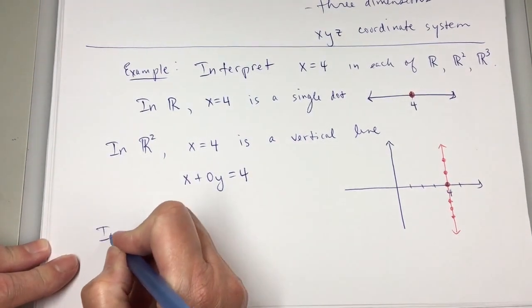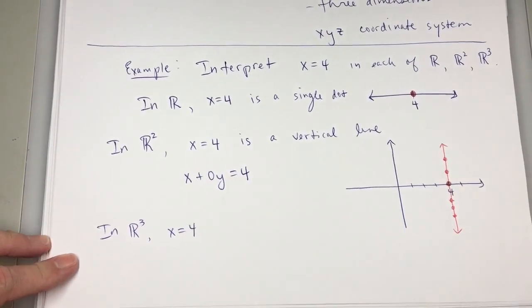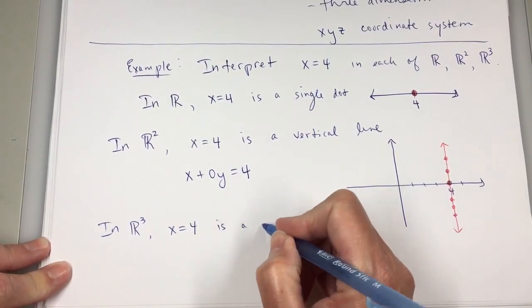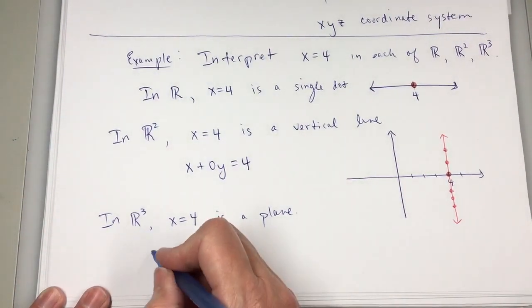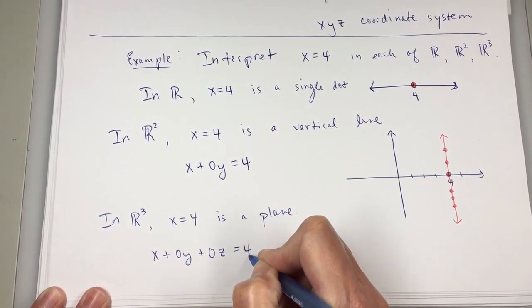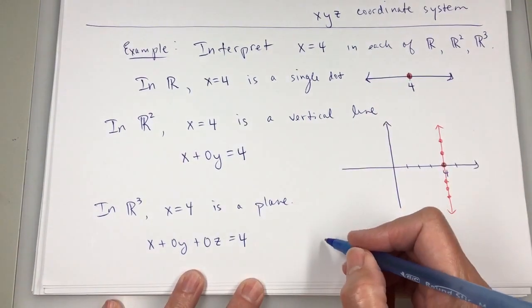In R3, what is x equals 4? It is a plane. So, in fact, it's this: x plus 0y plus 0z equals 4. And if I need to graph this in R3, I would actually reposition my axes from what I did earlier.